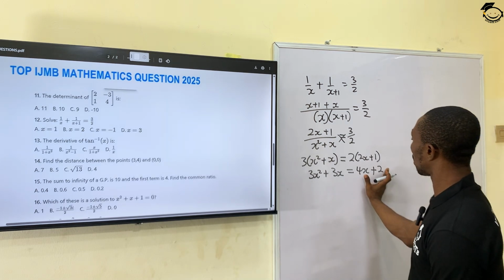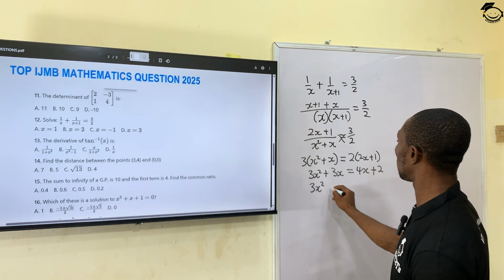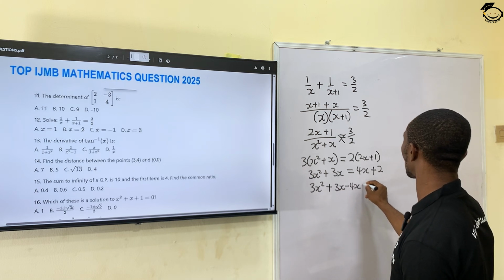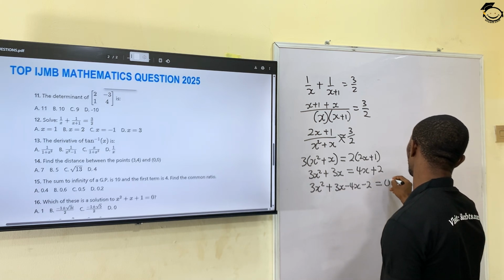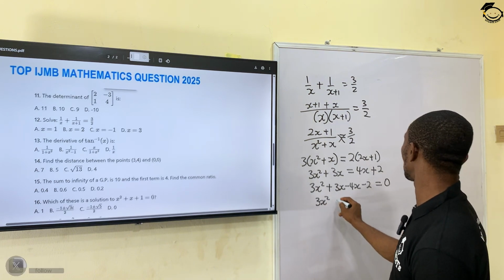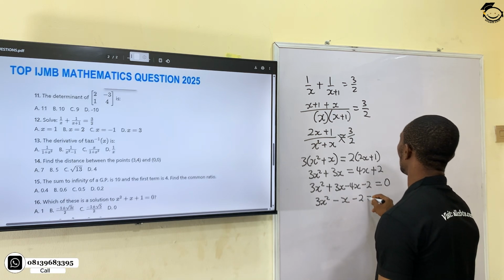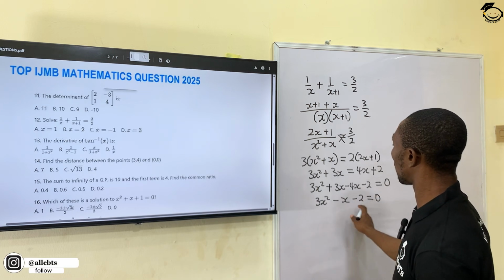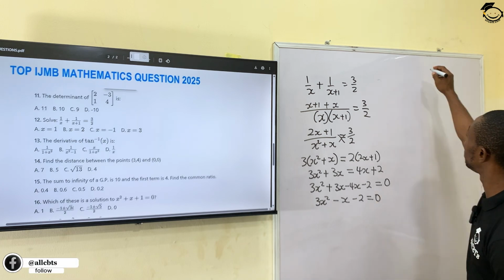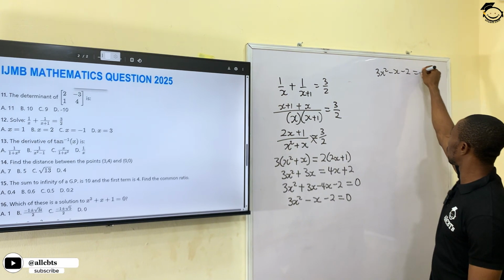Now moving all our items over to one side, this gives us 3x squared plus 3x minus 4x minus 2 equals 0. So this will be left with 3x squared minus x minus 2 equals 0. So now we can factorize this term out. Okay, factorizing 3x squared minus x minus 2 equals 0.